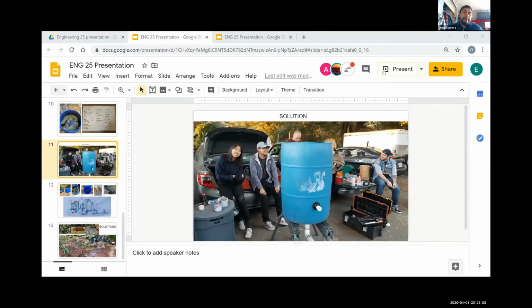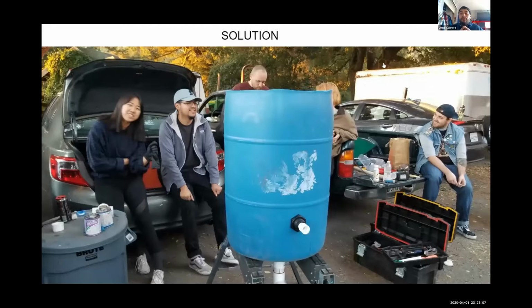So here's the solution that we came up with for all of the brainstorming ideas that we had. We came up with the barrel filter, which is a prototype that we worked on back here in California, and we liked the principle of it, so we kept it.